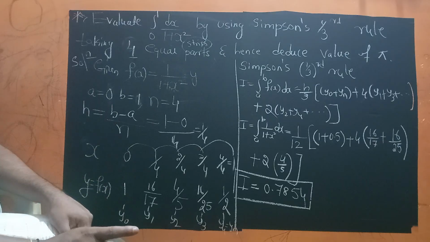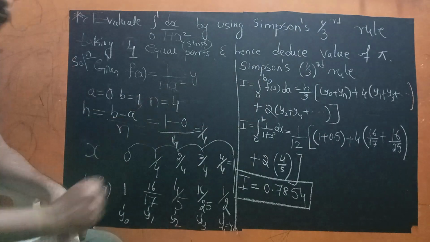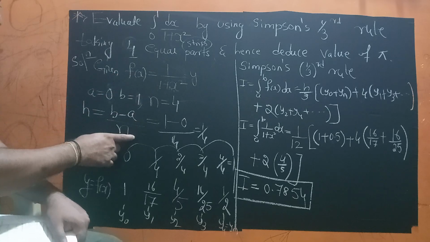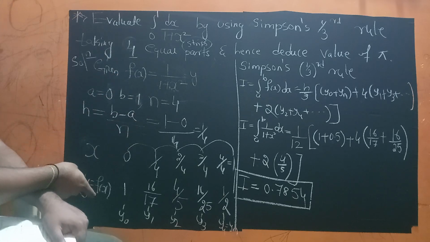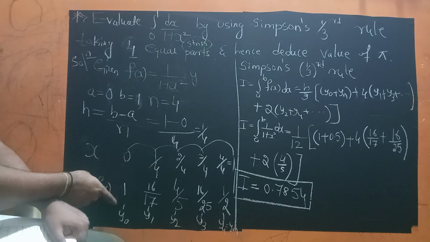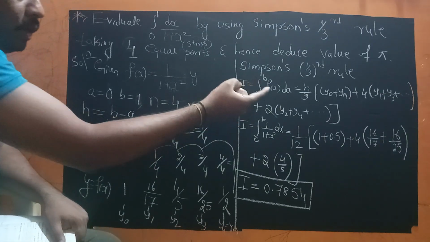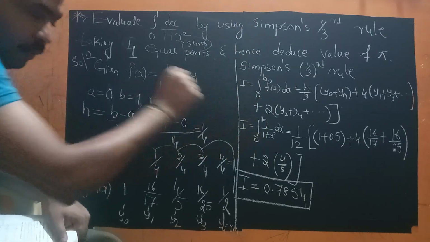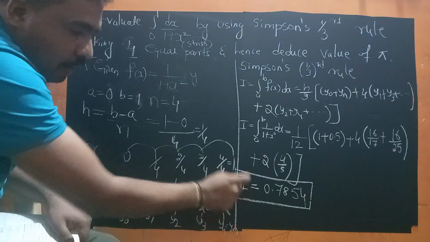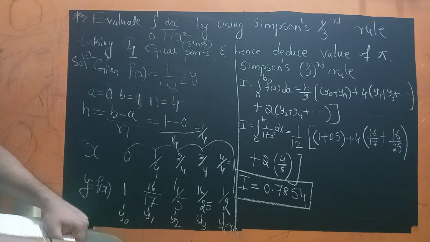Only thing you have to remember is the formula. You have to write all the given data in the proper way. Then the corresponding y values you have to find out. After finding the corresponding y values, write the formula, substitute it, and simplify it using a scientific calculator. So you will get the corresponding I value, which is 0.7854.